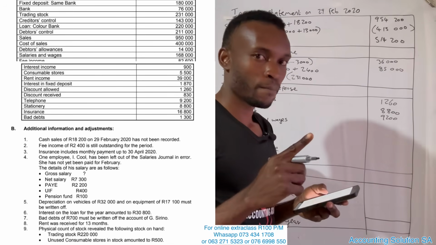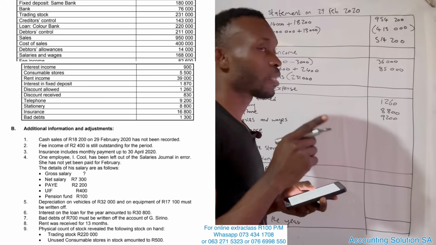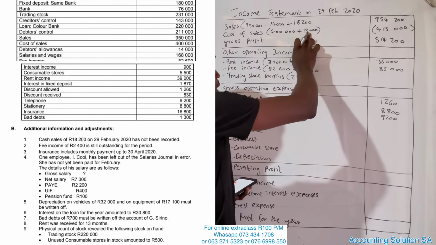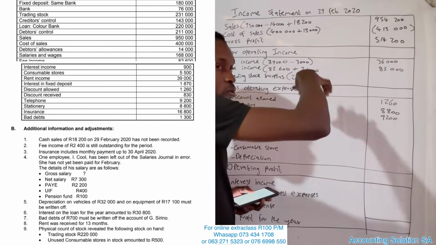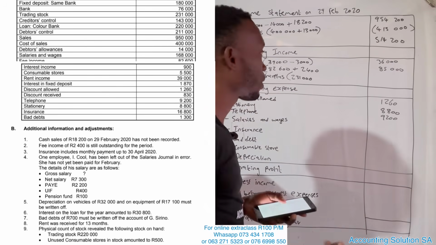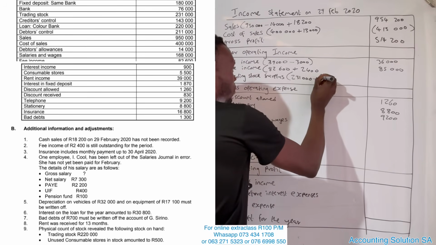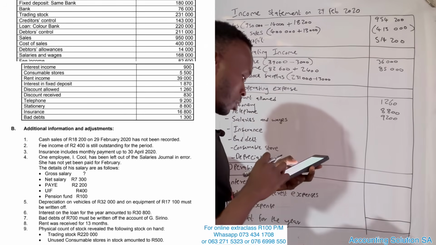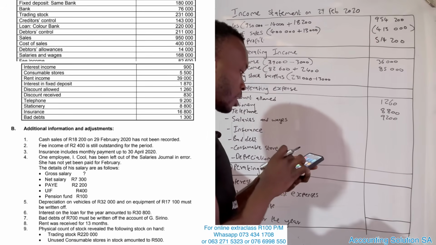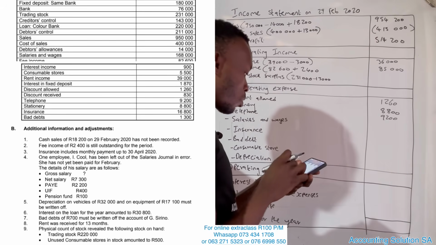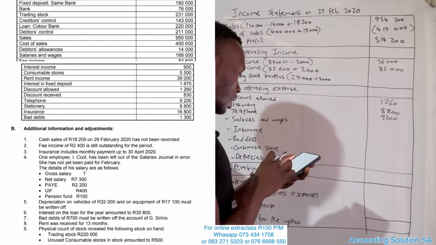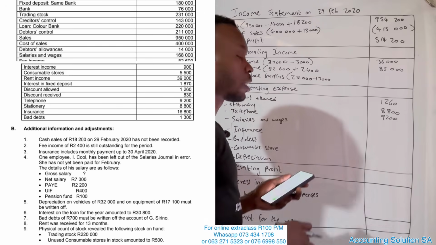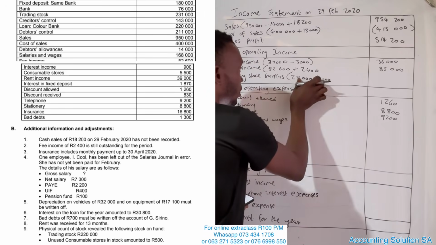Before that, guys, you need to remove the inventory that was sold. This is the inventory that was sold. The cost price was 13,000. You don't subtract selling price, you subtract the cost price, 13,000. So if you take this one minus this one, you will see that this value is lower than the one at the end. 231,000 minus 13,000 is 218 when you remove this.